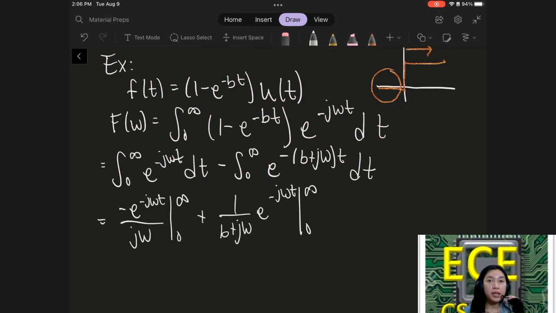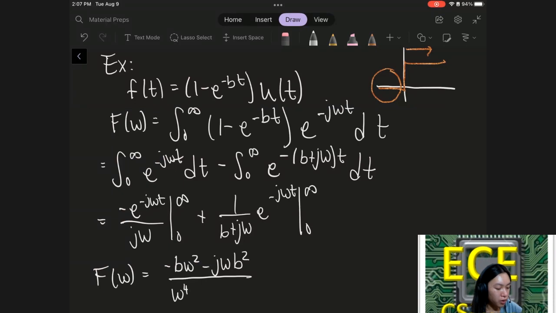So you just simplify it, and I'm not going to do that because I'm lazy, so I'm just going to give you the final answer. F of w equals minus b w squared minus jwb squared all over omega to the fourth plus omega squared b squared.